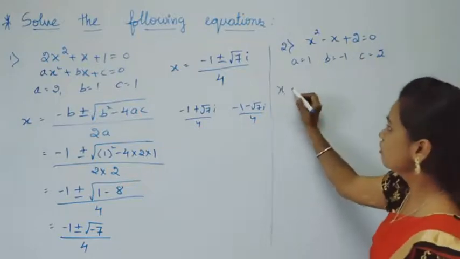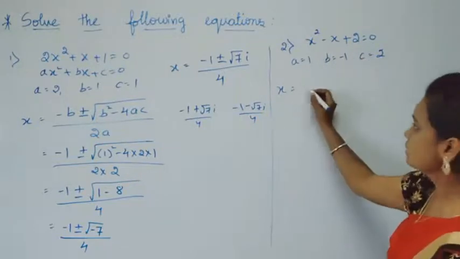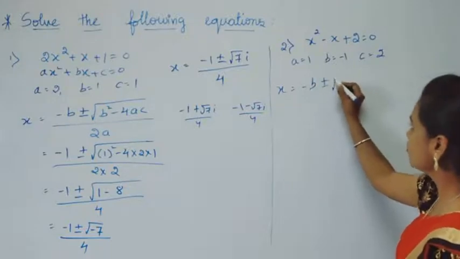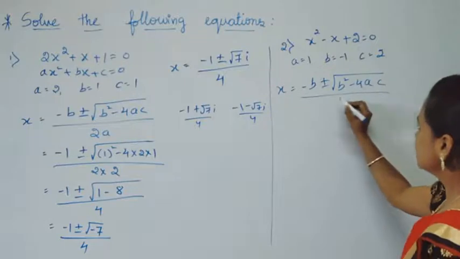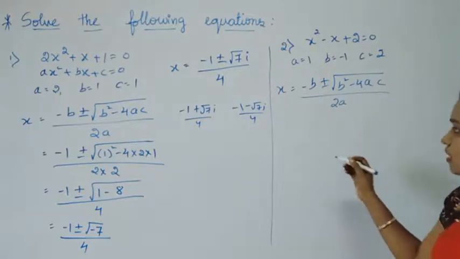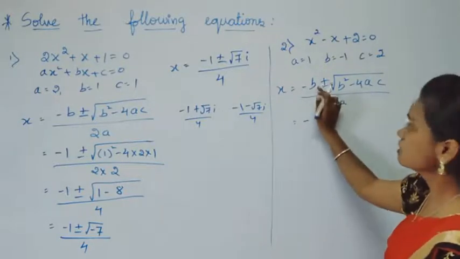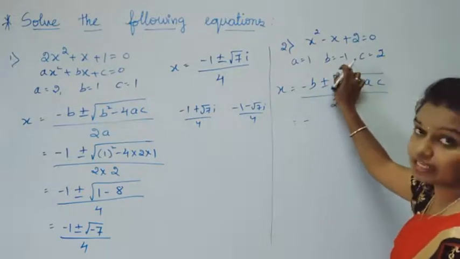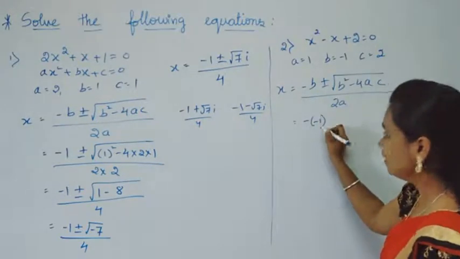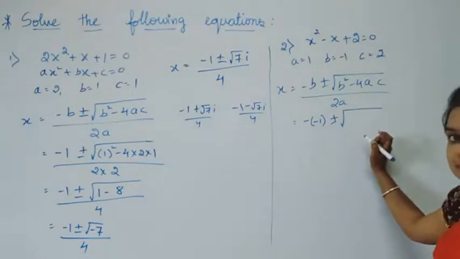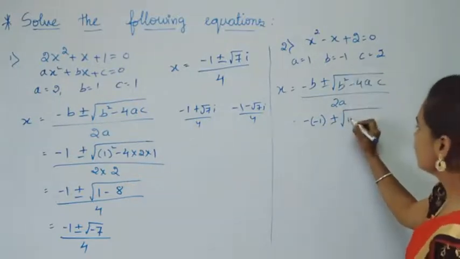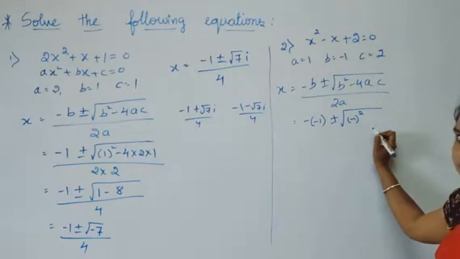So we know that what is the formula? x is equal to minus b plus or minus square root of b square minus 4ac divided by 2a. That is equal to minus b. b means minus 1. Minus b. Understand? Plus or minus square root of b square. b means minus 1 the whole square.